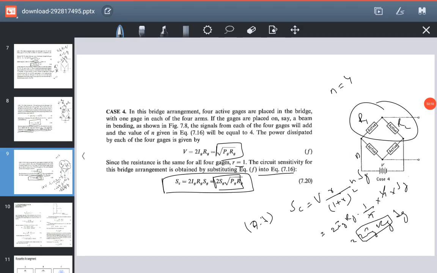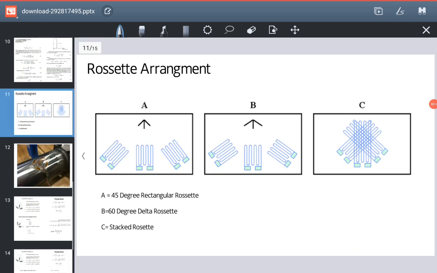Now let us move on to the last part, the arrangements in which we place the gauges. This is the 45-degree arrangement of strain gauges, and this is the 60-degree arrangement.